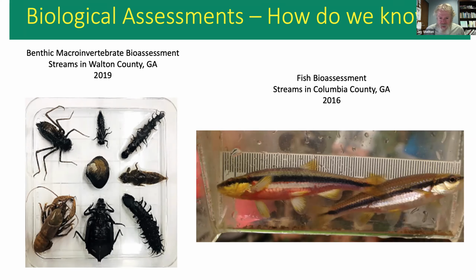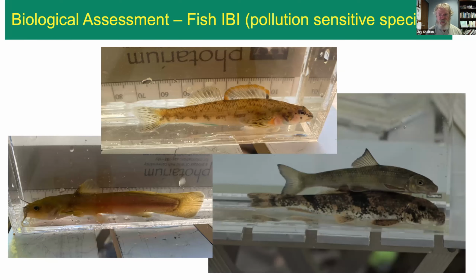But the bottom line is that what we're looking for here, in many states it's called an index of biological integrity. What we're really looking at here is not individual species, but the entire community, and whether or not that fish community has all the different pieces that should be there.